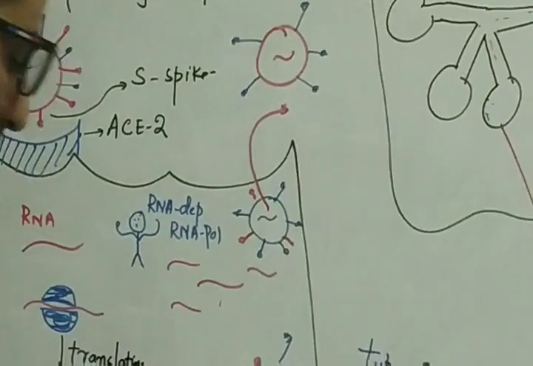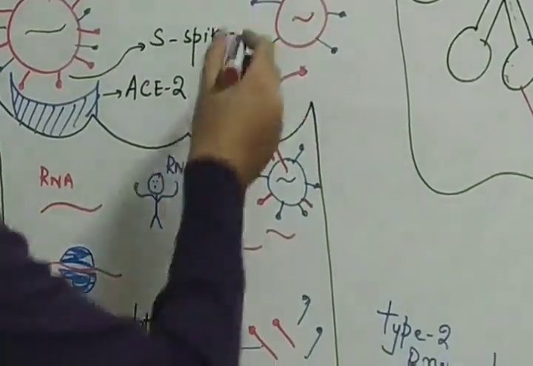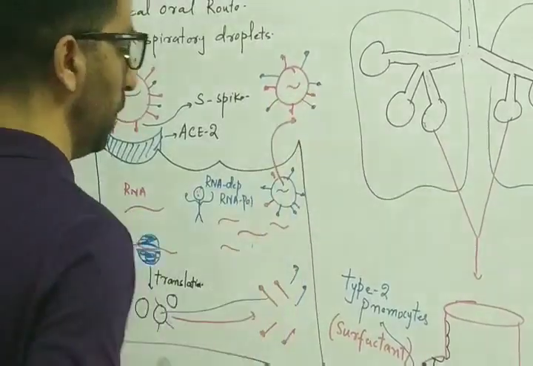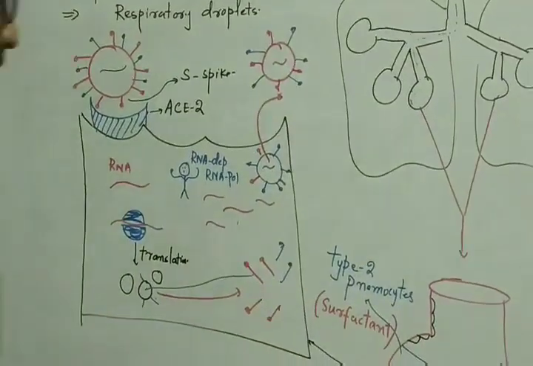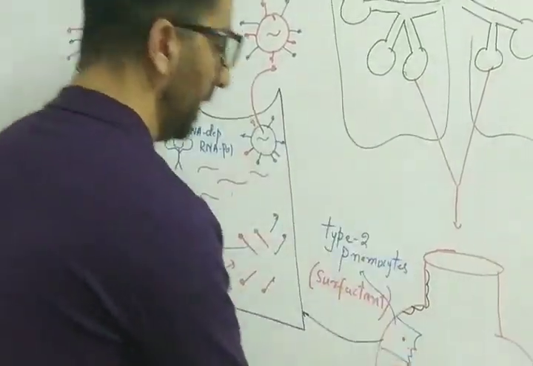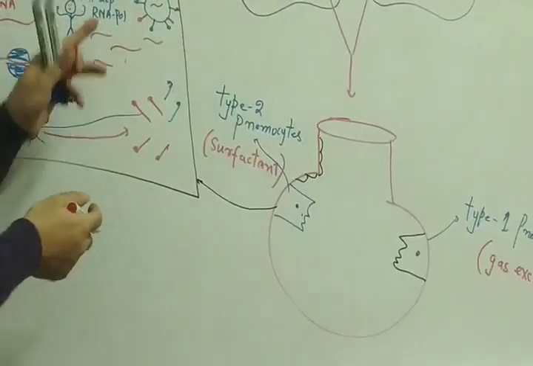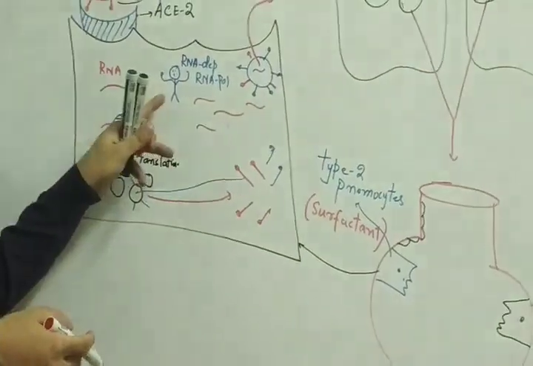When it is thrown out, what does it do after that? I'll make its spikes. When it is thrown out, it damages the cell that it remained inside.